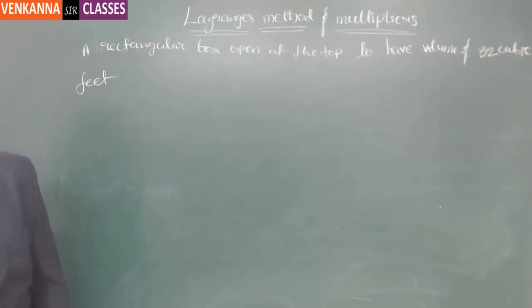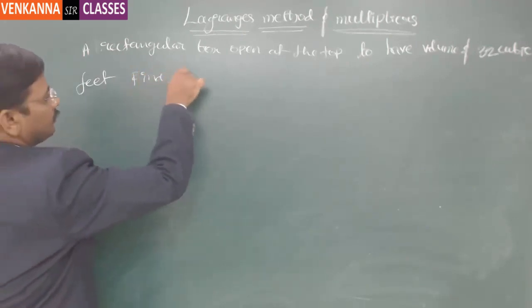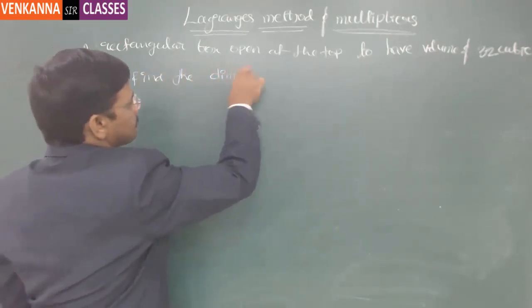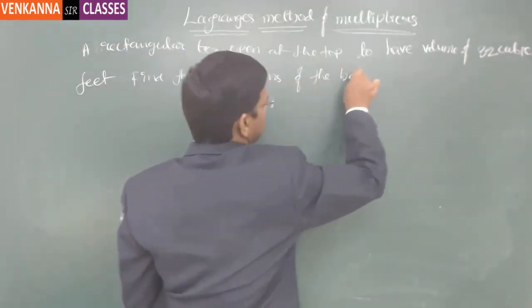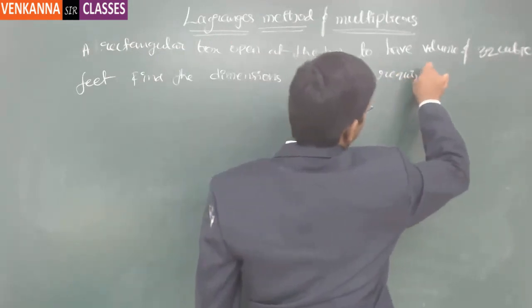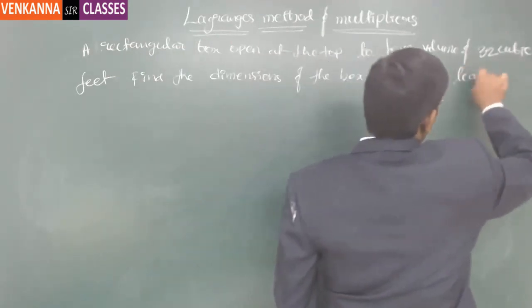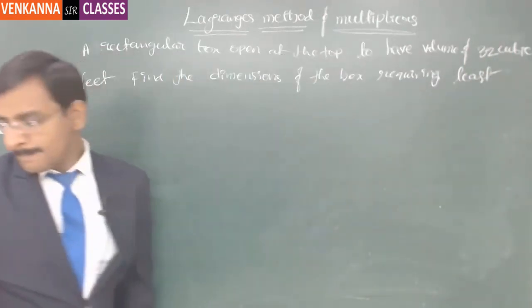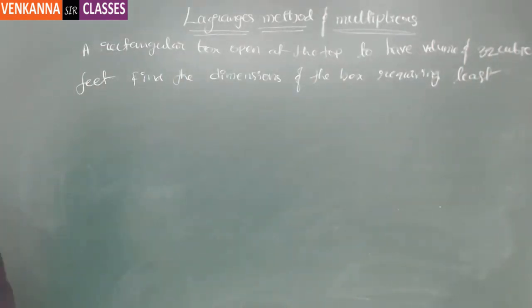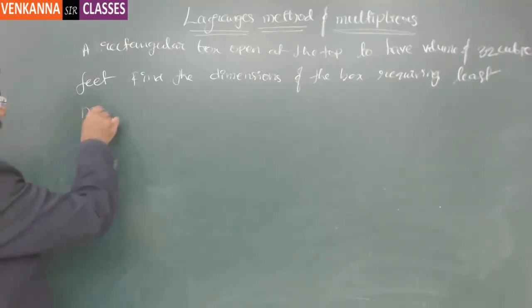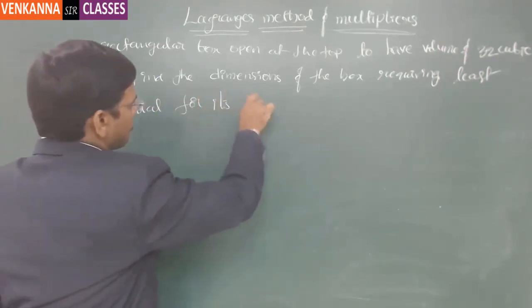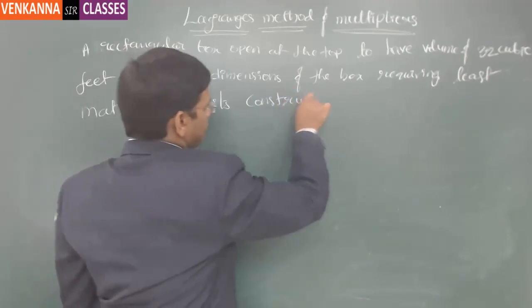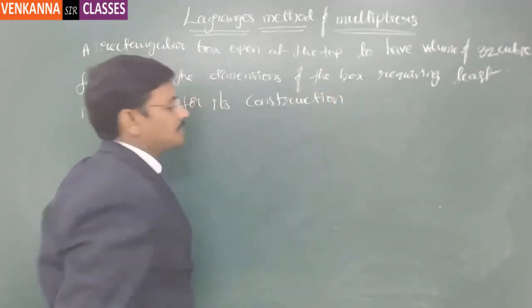Find the dimensions of the box requiring the least material for its construction. So this is the problem statement, right?